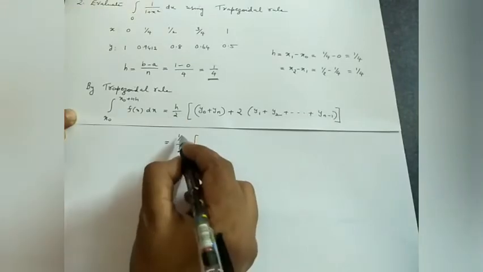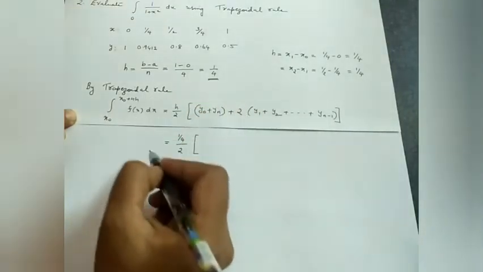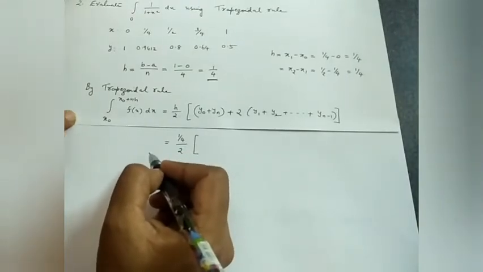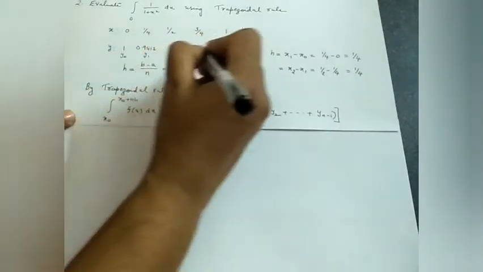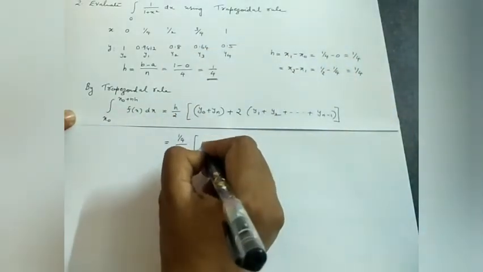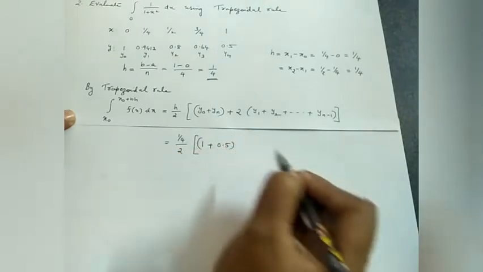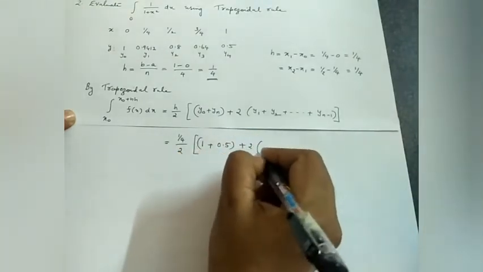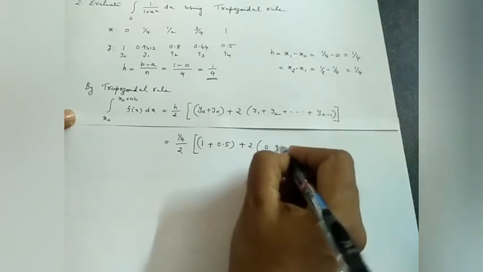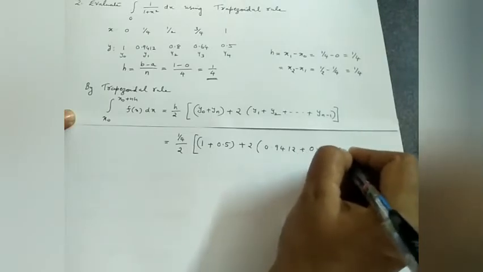Equal to h, which is 1 by 4, divided by 2 into y0 plus yn. Y0 is the first value of y. Then y1, y2, y3, y4. Therefore the first value is 1, plus y4, the last value, is 0.5, plus 2 into the other values, that is 0.9412 plus 0.8 plus 0.6.